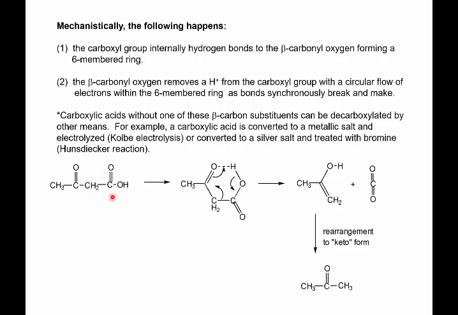There'd be this internal carboxyl group reaching around and forming an internal hydrogen bond. This is a stable species because it's a 6-membered ring and because it's got an extra hydrogen bond right there. This would be the stable conformation that this compound would exist in.